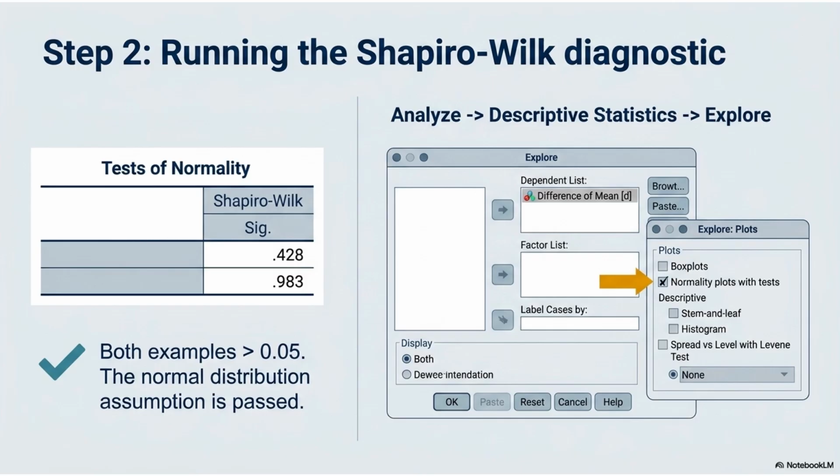The result of Shapiro-Wilk is 0.428, which is greater than 0.05. The normal distribution assumption is passed.